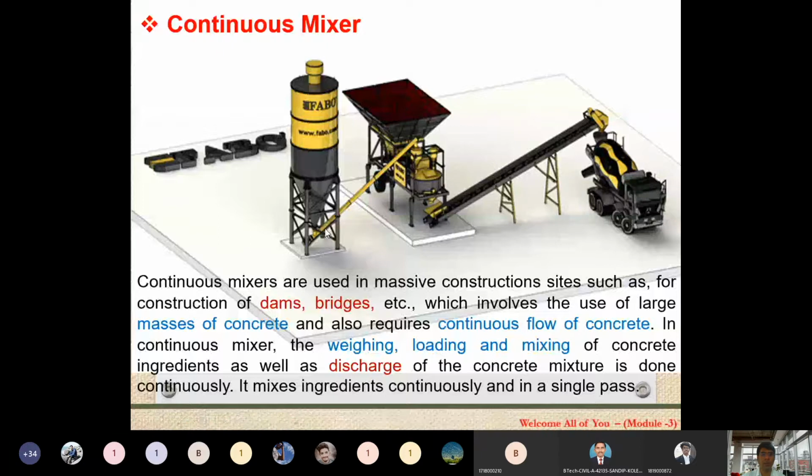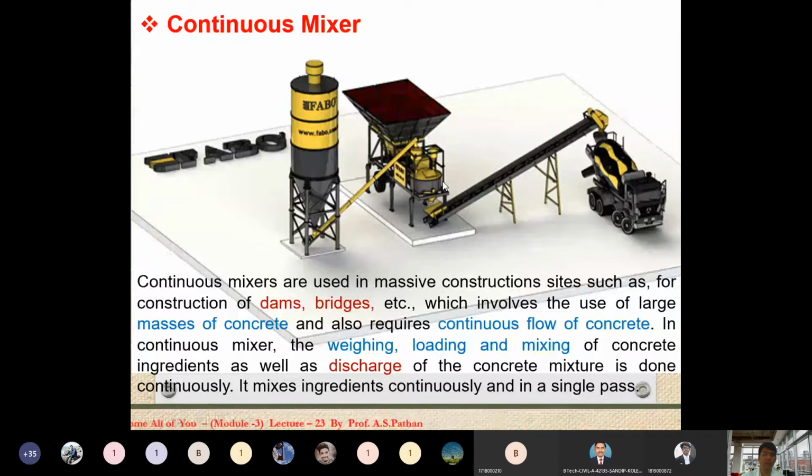The cement comes from the silo through this pipe into the mixer, then all the other ingredients like coarse aggregate and fine aggregate come into the mixer, and then the weigh batching is done and also the mixing is done.